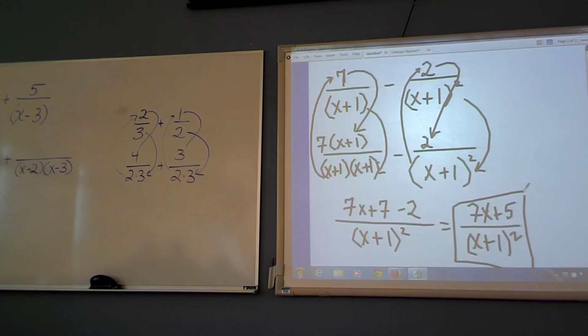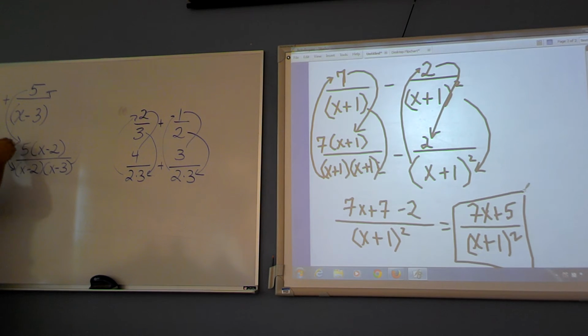Okay, how many times will this go into this? Cover it up, how many times? X minus three times one. How many times will this go into this? X minus two. X minus two times, 5 times x minus two.